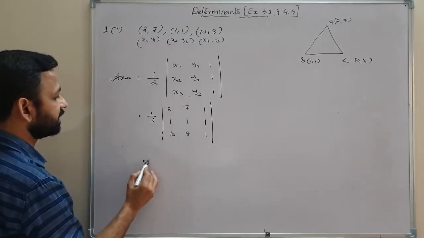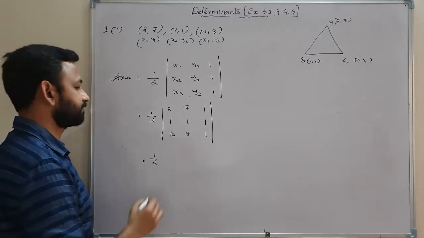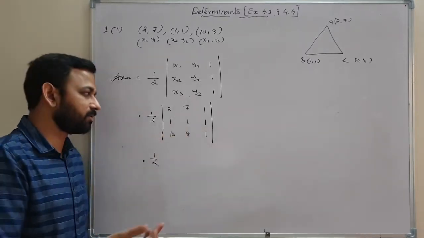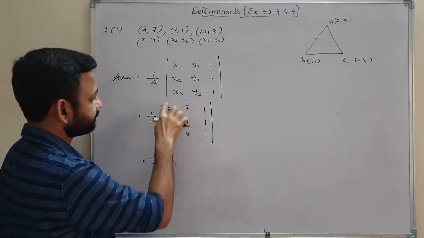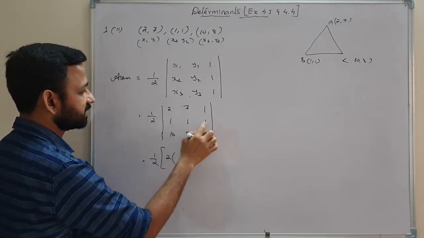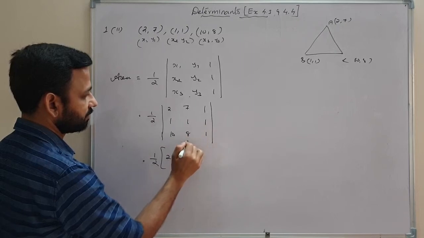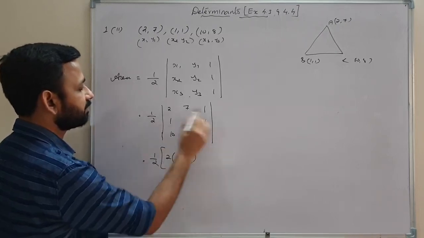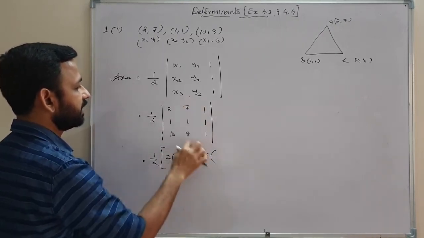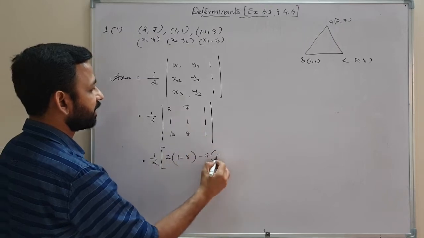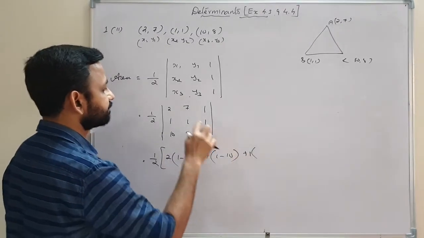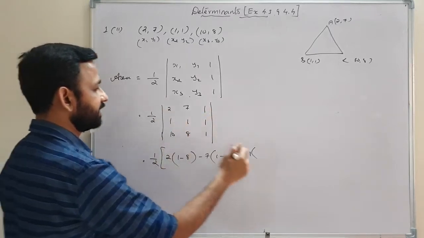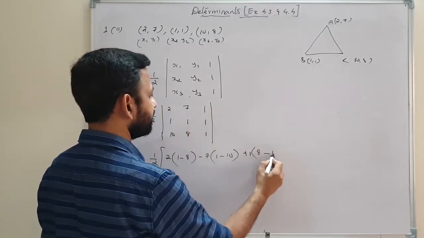When we find its expansion using any one row or any one column, we get 2 into (1 minus 8), then minus 7 into (1 minus 10), plus 1 into (8 minus 10).